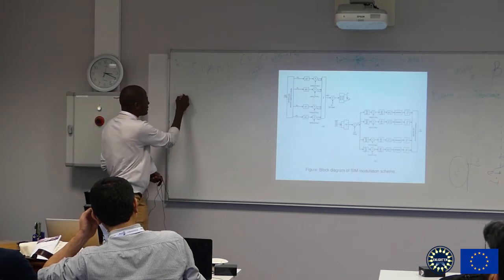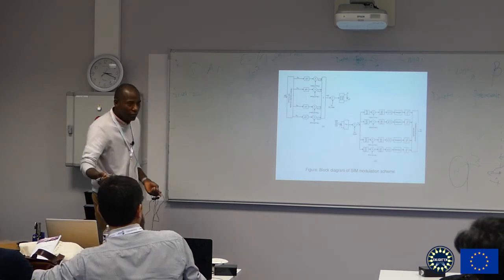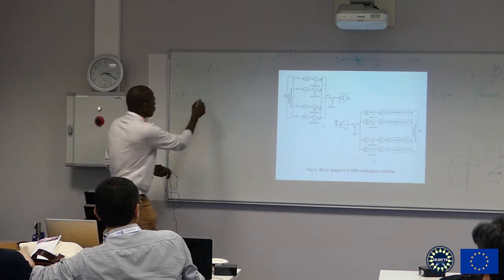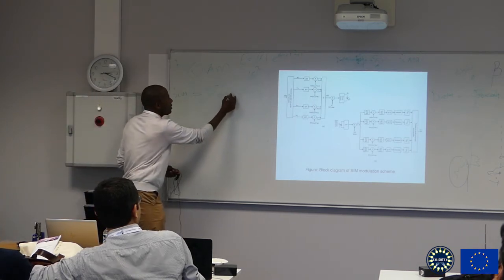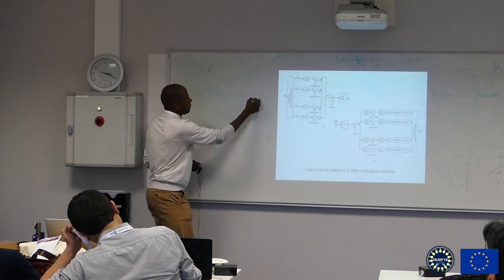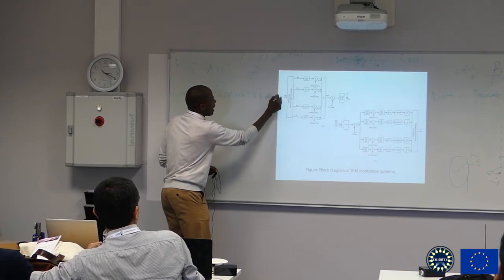If you have any signal x(t), it means it can be decomposed into the weighted sum of its harmonics, correct? Exactly. So we can have the summation of a_i cosine(i omega t) plus b_i sine(i omega t).